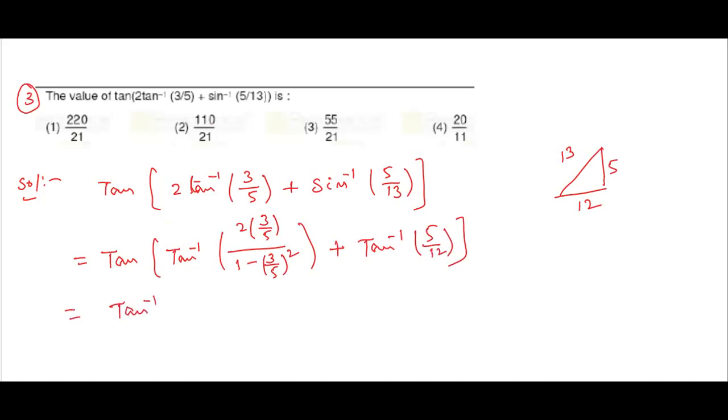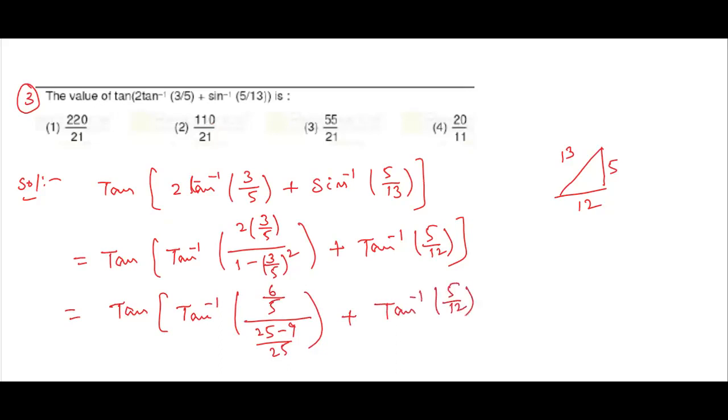Now tan of, students, here calculate tan inverse of value. Tan inverse of, see, 6/5 divided by 25 minus 9 divided by 25, plus tan inverse 5/12.